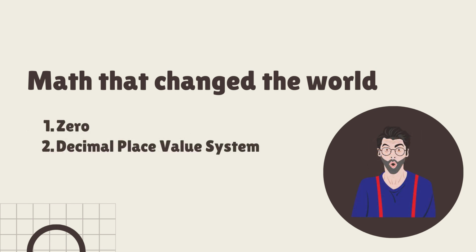Well, those two would be the discovery or invention of zero and the decimal place value system. And these two powerful tools helped math progress immensely and science progressed in leaps and bounds thanks to the discovery or invention, as you may want to call it, of these two ideas.